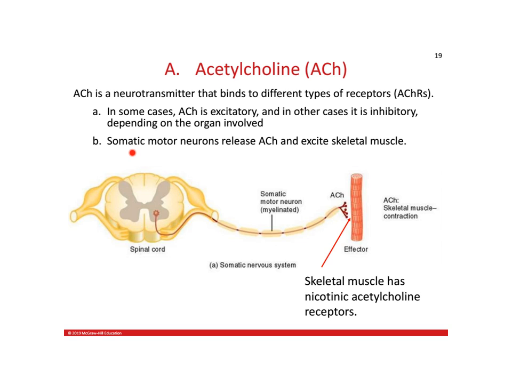Let's take one example, which is the somatic motor neurons. These are neurons that innervate, meaning they will make synaptic connections or neuromuscular junctions with skeletal muscle. So somatic motor neurons release acetylcholine, and they always excite skeletal muscle.